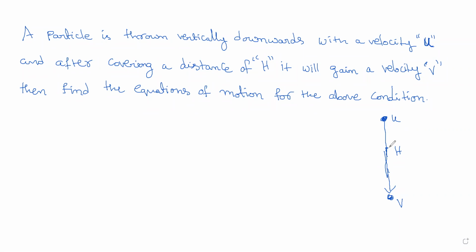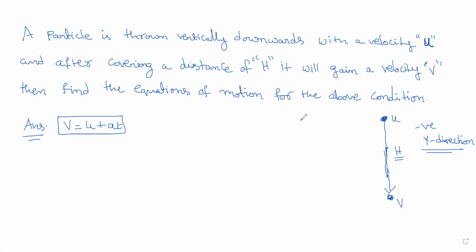And now we will give the equations. So how to give the equations? First we have v is equal to u plus at. Now in which direction are we working? Negative y direction, downwards. Downwards we are working.